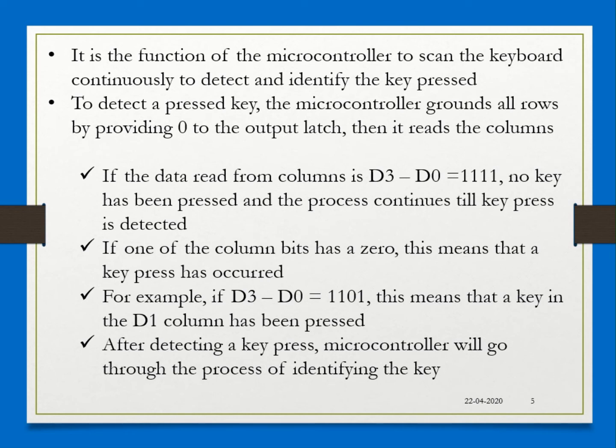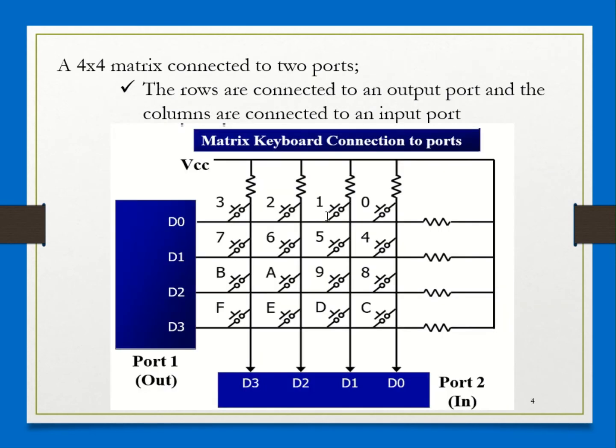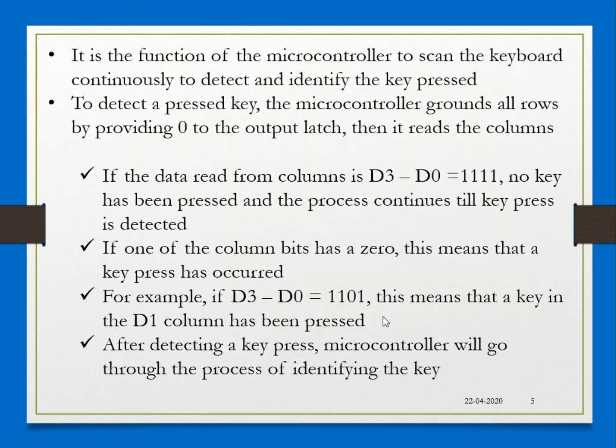For example, if you have 1101, that means at the column D1 line, one of the keys is pressed. Let me go back to the previous slide. Here, observe. If you are getting 0 value at D1, 1101, then one of these keys has to be pressed: either 1, 5, 9 or D. All right. So that is the meaning.